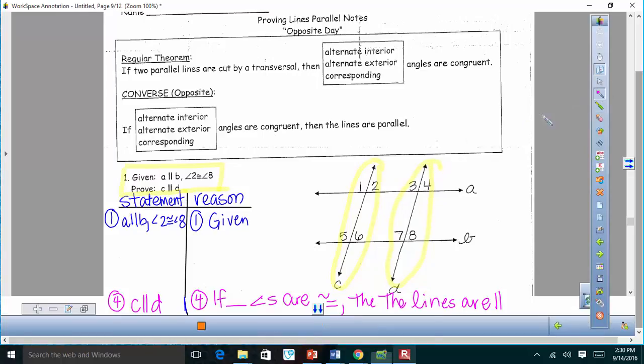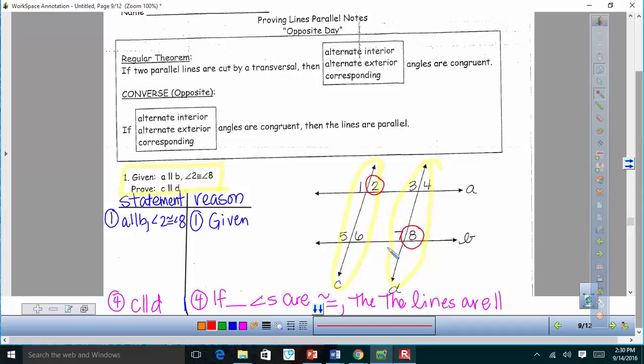Now, the two angles we're using are the only two that they gave us, 2 and 8, so I'm going to circle 2 and circle 8. Then I want to find an angle in one of the transversals that has a relationship. I can either work in this one, find a relationship with 2, or work in this one and find a relationship with 8. So Trey, what do you want to do?